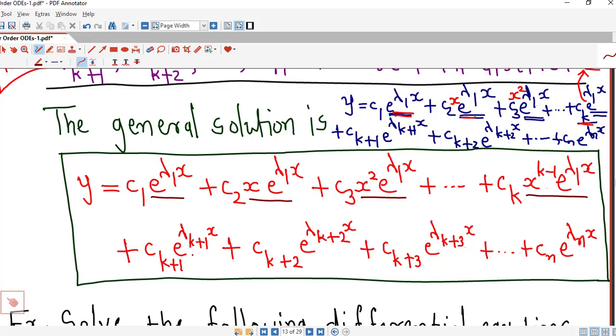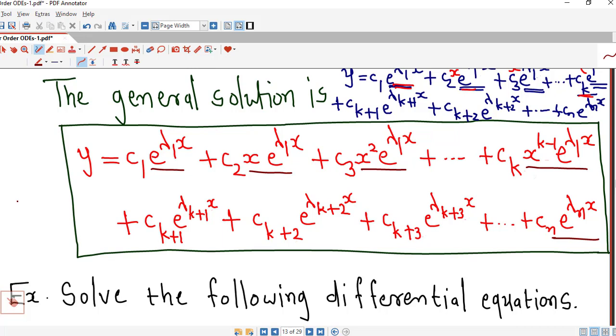So ck plus 1 e raised to lambda k plus 1 times x, ck plus 2 e raised to lambda k plus 2 times x, and so on, cn e raised to lambda nx. So in short, if we have repeated roots, we multiply by powers of x, so that we have the required number of essential constants in the general solution.